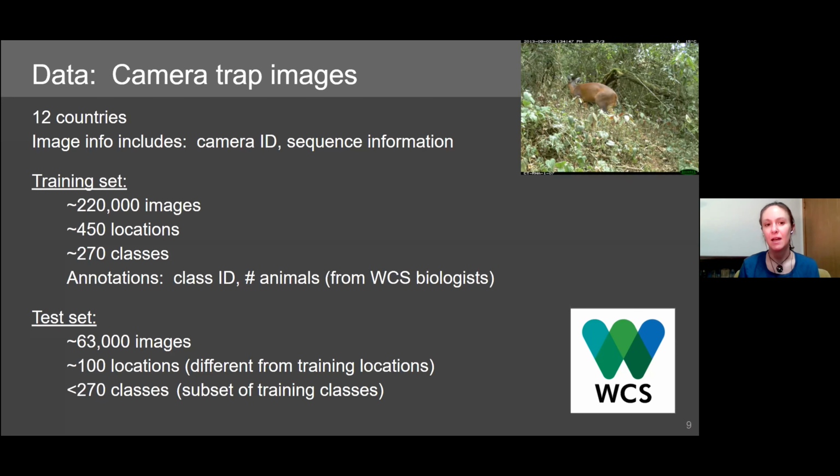Yeah, I see what you mean. I don't know the answer to that. I don't think everything was in different countries, for example. I don't think it was a large geographic area that was different. I think they could have been spread in among each other, because the species in the test set were a subset of the ones in the training set.